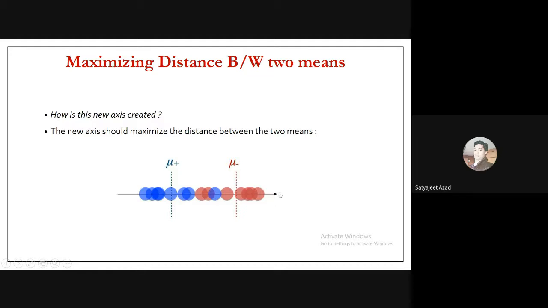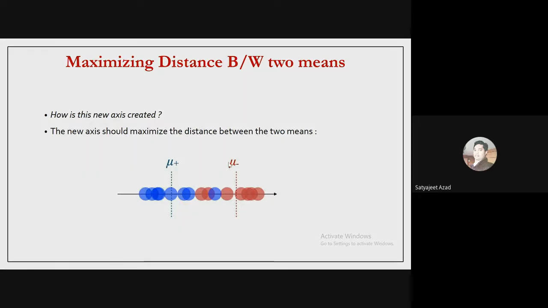So the new axis will create more separation between the class means. The mean of class 1 is mu plus, and the mean of class 0 is mu minus. LDA will maximize this distance.